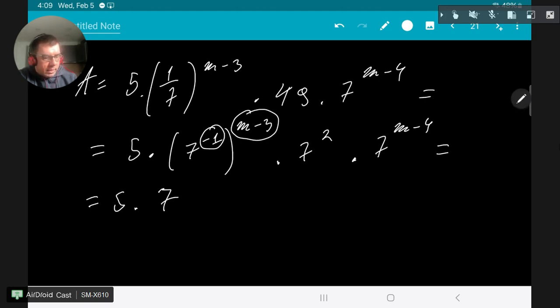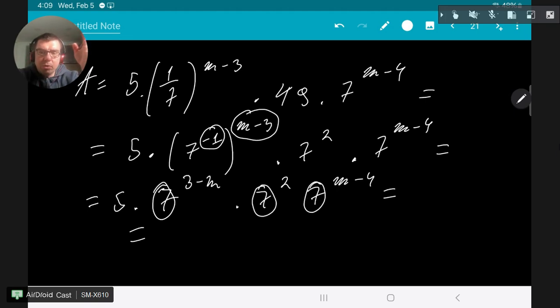When I multiply by minus 1, I just change the signs of the terms. So I get 3 minus m, times 7 to the power of 2, times 7 to the power of m minus 4. And now I have 7 as my base here. When I multiply powers with equal bases, this is the very first property, I just add the exponents.